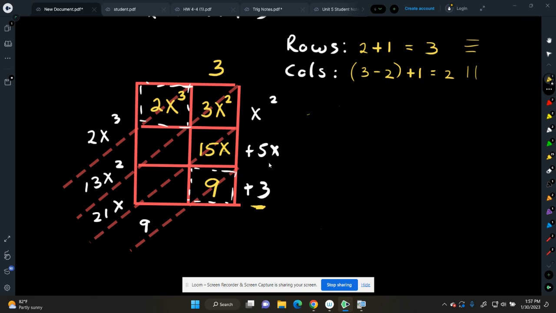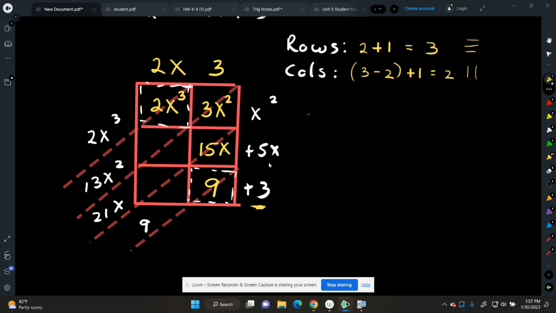Okay. Drew, what now? I did 2x to the third divided by x to the second. Which gives us? 2x. 2x, yeah. So we put 2x up there.